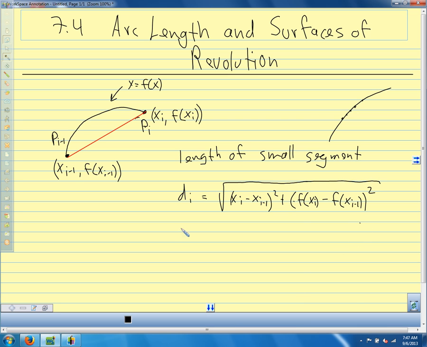And the arc length we're going to call S is going to be the sum, i equals 1 to n, for however many intervals we divide that up into, of d sub i. I'm going to add up all those little segments.